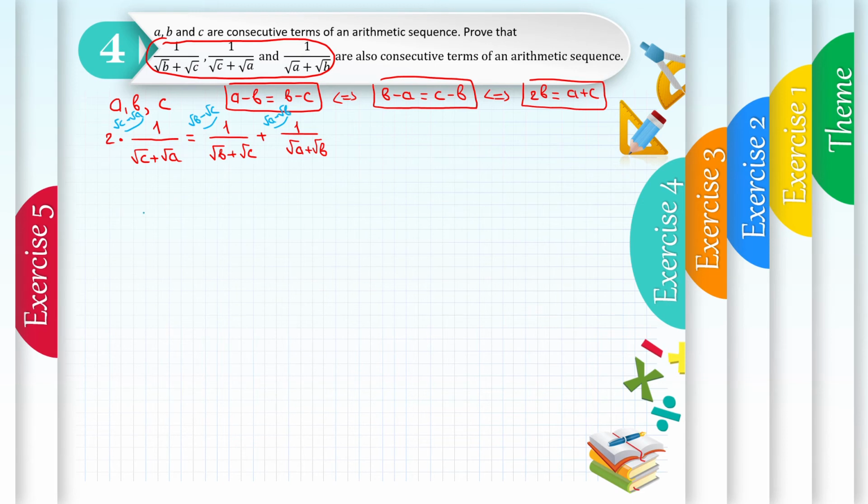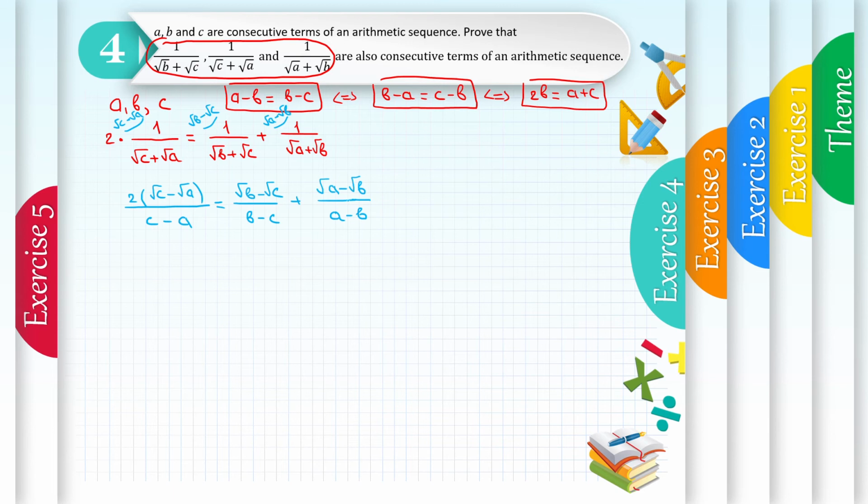So we have to prove that 2 times square root of c minus the square root of a over c minus a is equal to the square root of b minus the square root of c over b minus c plus the square root of a minus the square root of b over a minus b.